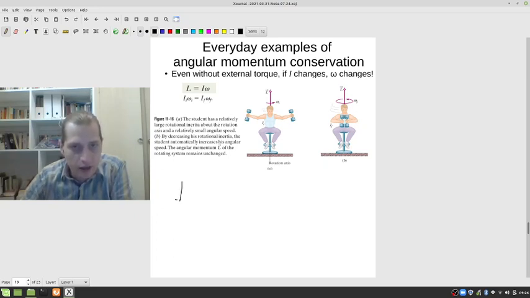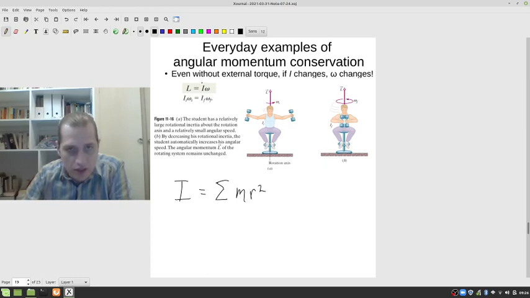And remember, I is the sum of all of your masses times r squared. So once those r squareds get smaller, this I gets smaller. But if your total angular momentum stays the same, if I gets smaller, omega has to get bigger. So what happens? He moves these in. His moment of inertia overall of this system gets smaller, but the angular speed gets bigger.